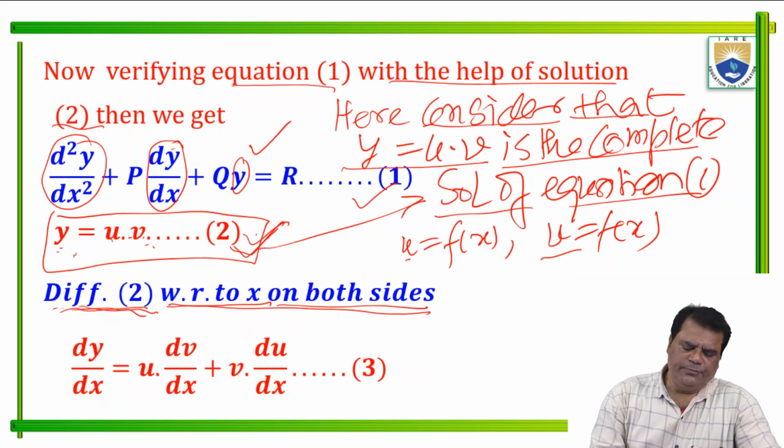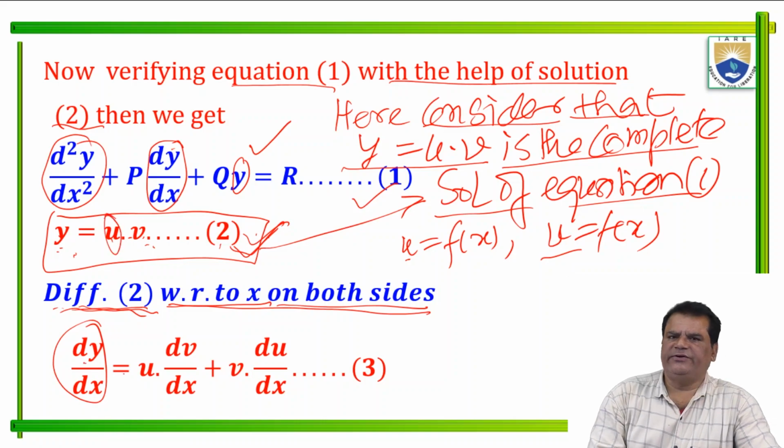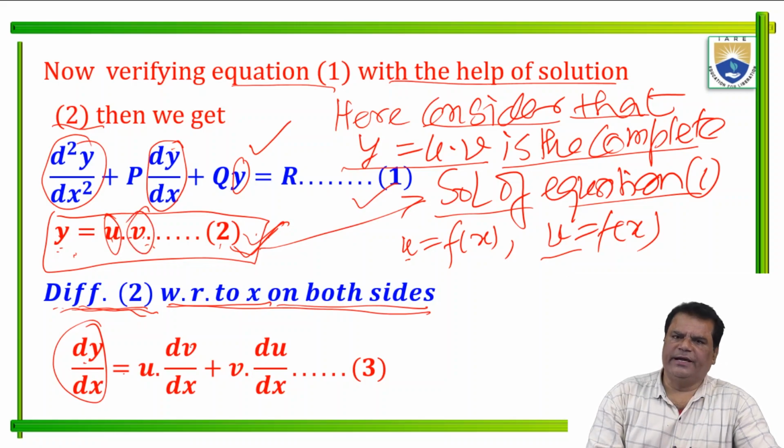After differentiating equation 2, we get dy dx equal to u, the first function, taken as constant, times the differentiation of the second function, dv over dx, plus v, the second function, taken as constant, times the differentiation of the first function, du over dx.